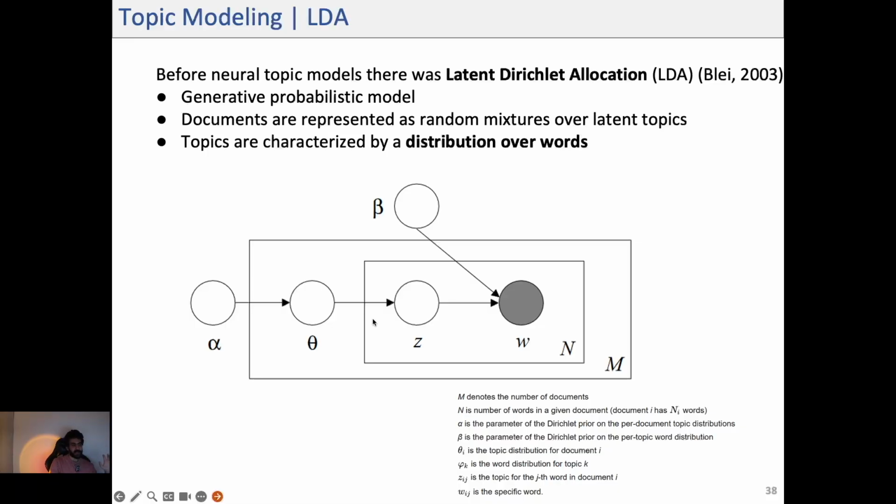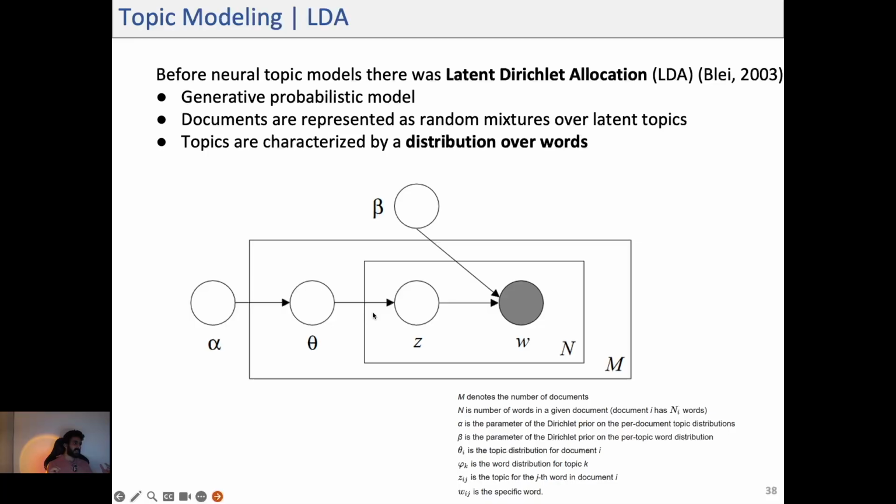To summarize, LDA assumes that documents are probabilistic mixtures of topics, and that each topic is a probabilistic distribution over words. The model learns both the hidden topics and how each document mixes them.